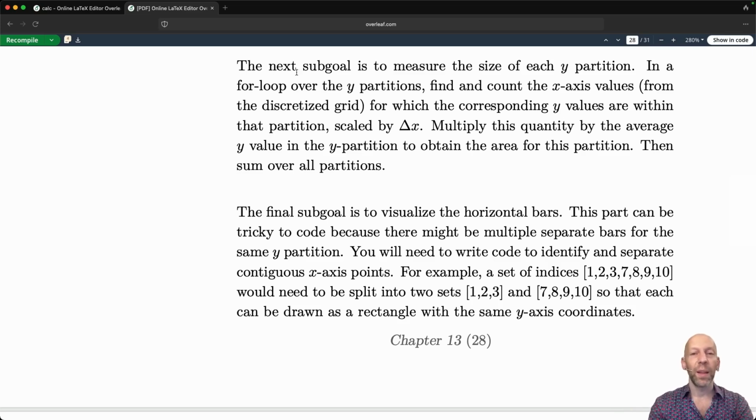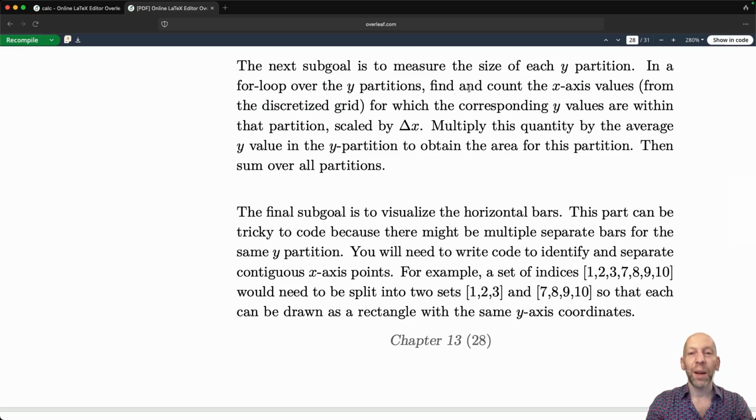The next sub-goal in this paragraph is actually what implements the Lebesgue approximation. So now what you want to do is measure the size of each y partition. Basically, you have to loop over all of the y partitions and find all of the x-axis values that are within those partitions. So the y-axis for the function gets cut up into intervals, and you want to know what are the x-axis values that fit within each of those y-axis partitions.